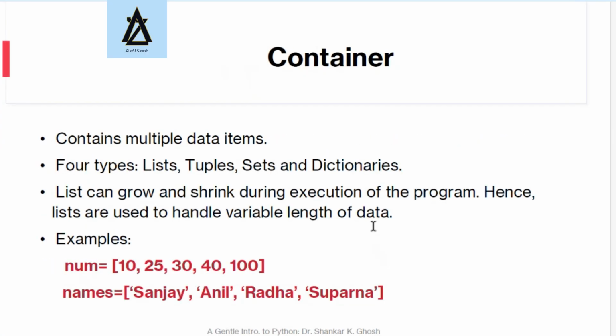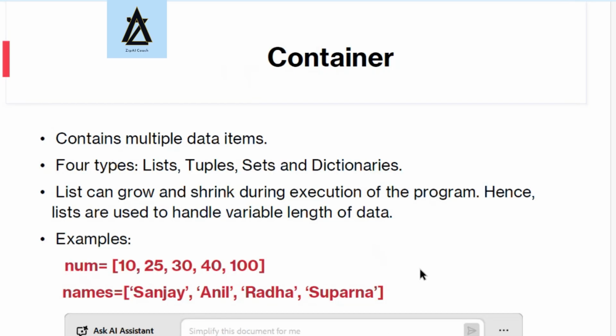Okay, now let's discuss one new feature in Python, which is also known as containers. Containers actually contain multiple data items, like lists, tuples, sets, and dictionaries. A list can grow and shrink during execution of the program. Hence, lists are used to handle variable-length data.